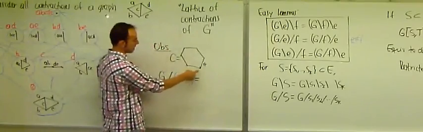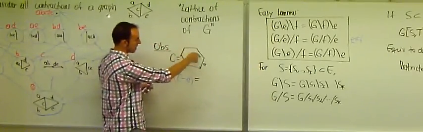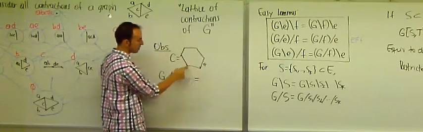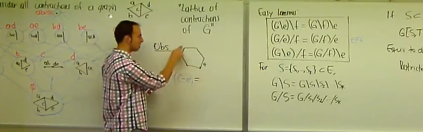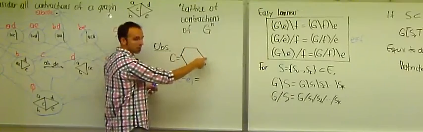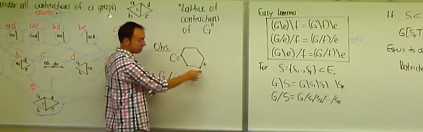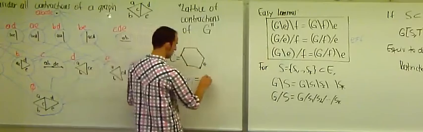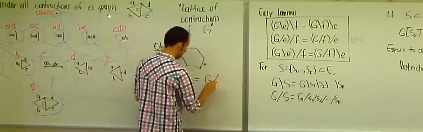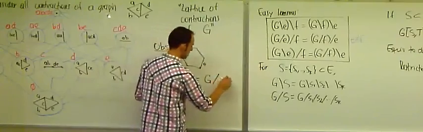Well, if I contracted all the edges except for E, then I identified this vertex with this vertex, this one with this one, this one with this one, etc. And so in the end, I also have identified this one with this one. And so I also contracted the edge E, and so I get this contraction as well. Okay?